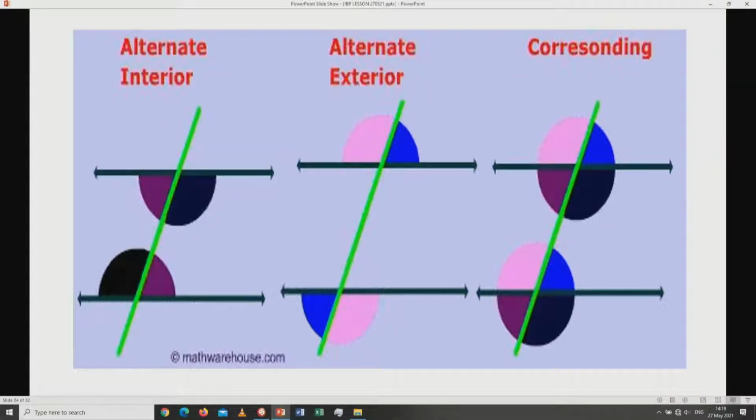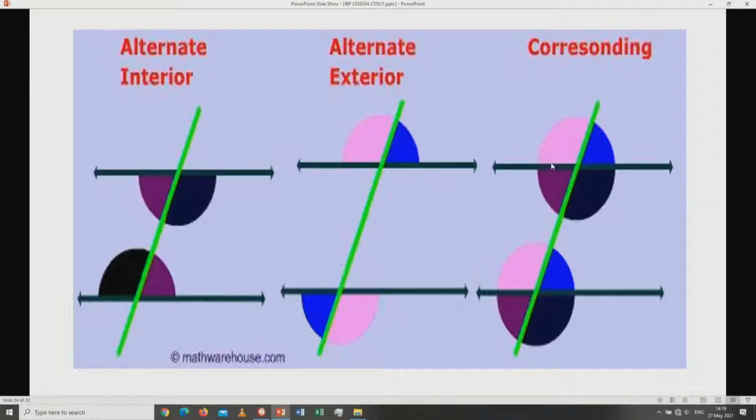More pictures, just to clarify this relationship. All right. Co-interior, within, there is your U. There is your Z. Purple equals purple. Black equals black. Right?